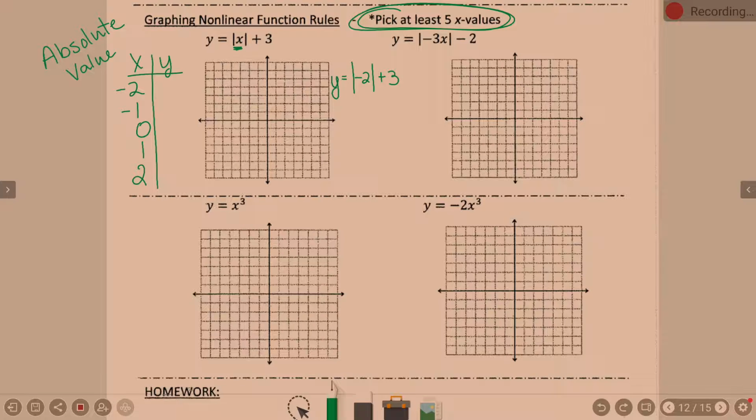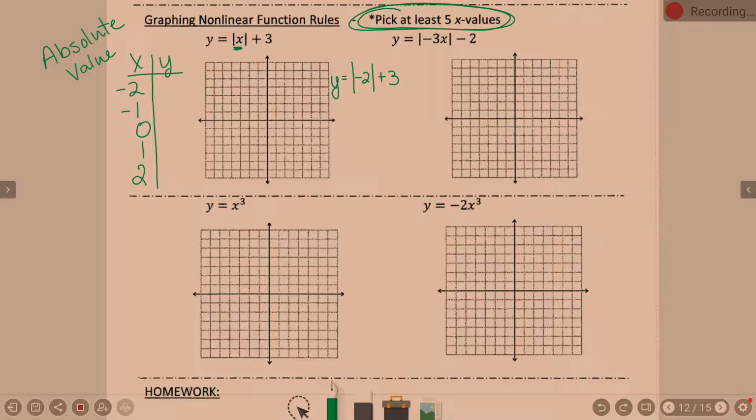Okay, so absolute value, by definition, is the distance something is from 0. Now, when you travel a distance, can a distance be negative? Did you drive negative 2 miles to school? No. Even if you drove in reverse, you didn't drive negative 2 miles to school. Distance is always positive.